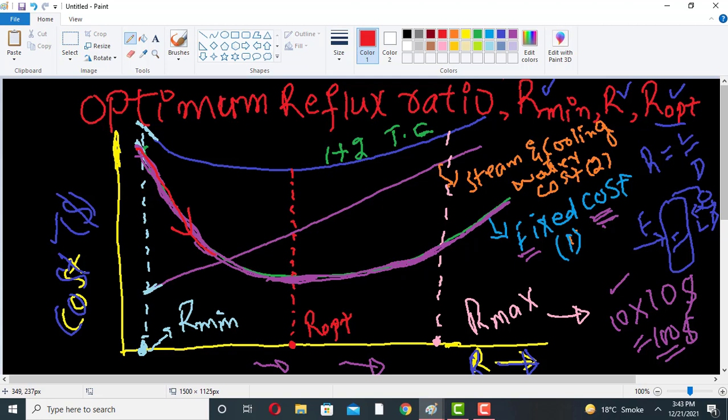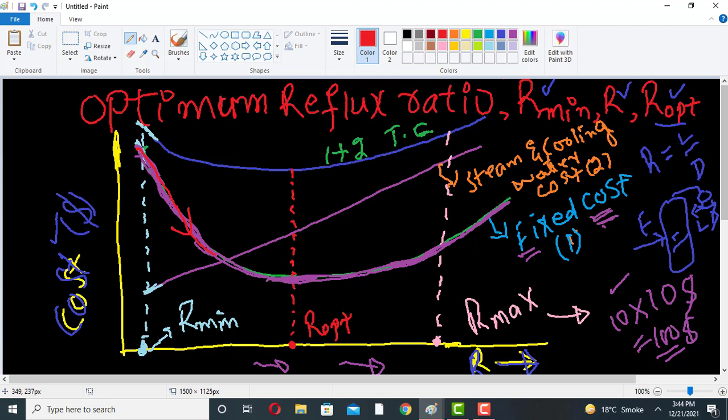This means that as we increase the reflux ratio, the number of plates in the distillation column decreases, and hence the fixed cost or the cost of the plates decreases. The height of the distillation column will decrease, the number of plates will decrease, and the fixed cost of the column will decrease.